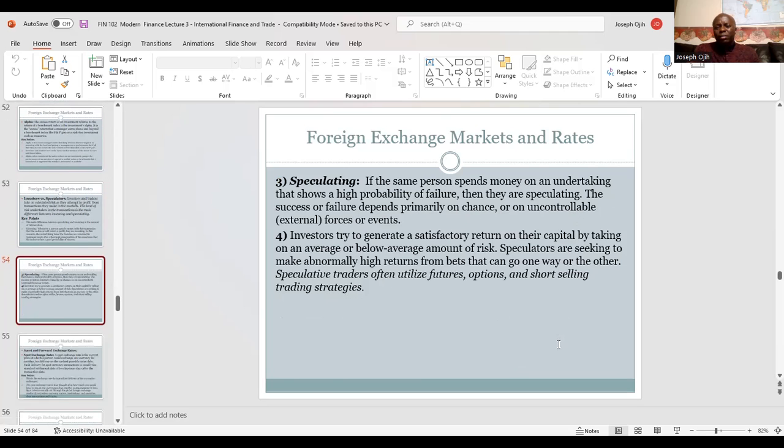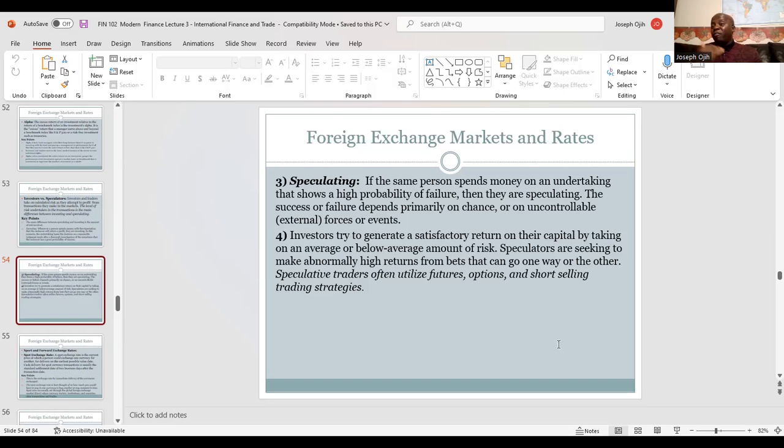Now, speculating is when they bet against the market, or buy something that is very risky. But the good thing is that when they make money, the money is really huge, big money. That is the thing that motivates them to spend money on the asset, even though the asset shows a high probability of failure.